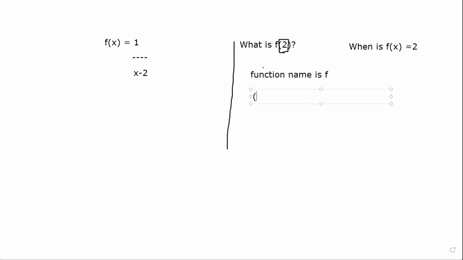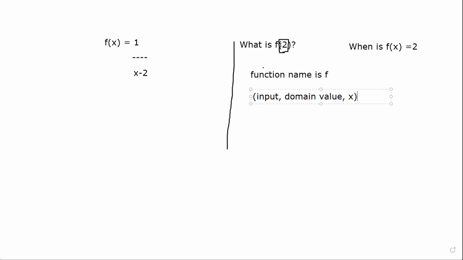The number or the expression that's in parentheses is your input. That's your domain value. That's typically your x. It could be a t or something else, but it's an input value. So this is telling me that this 2 is an input into my function.